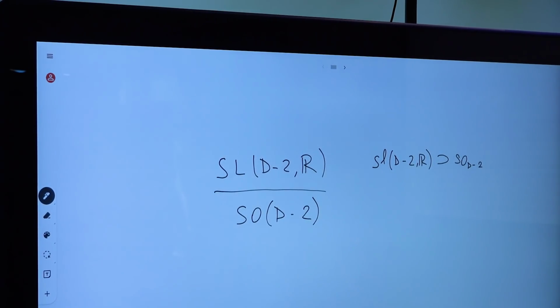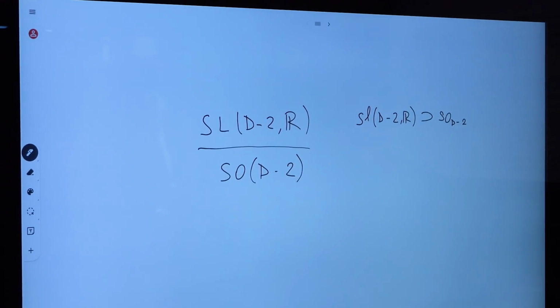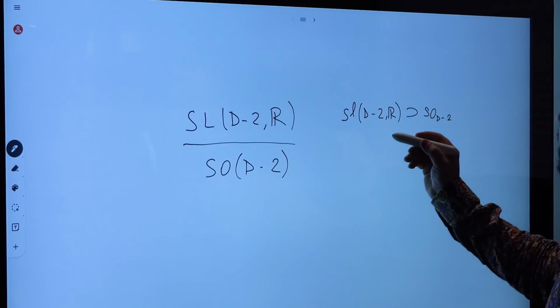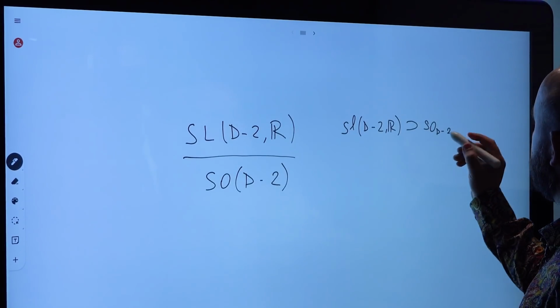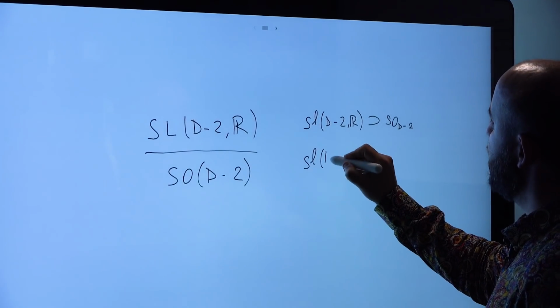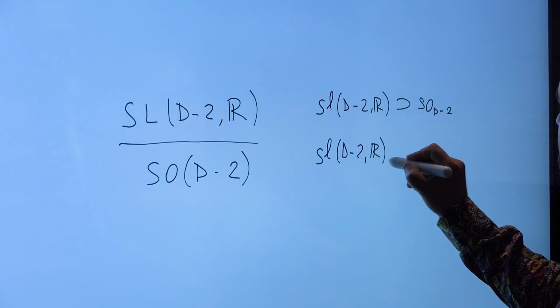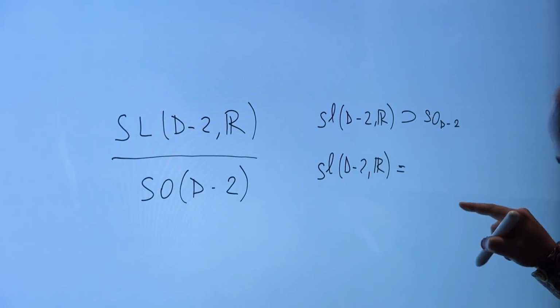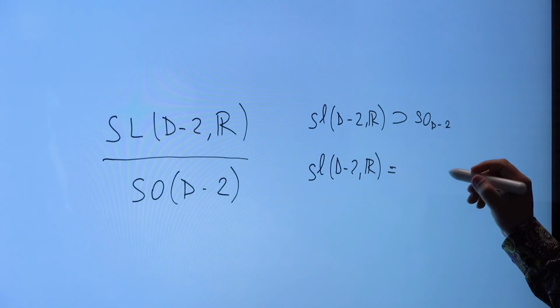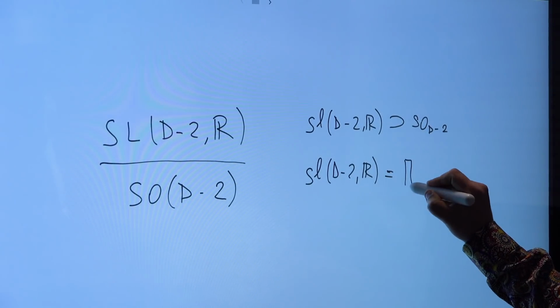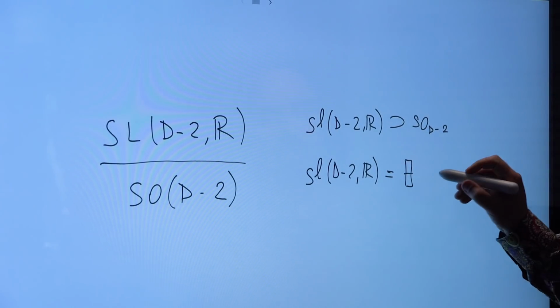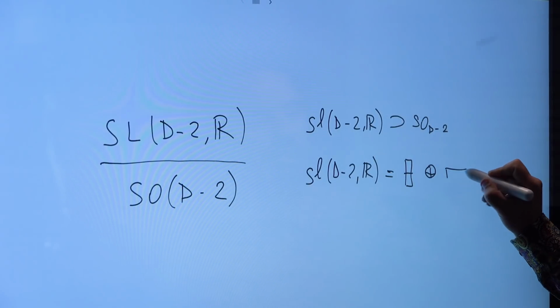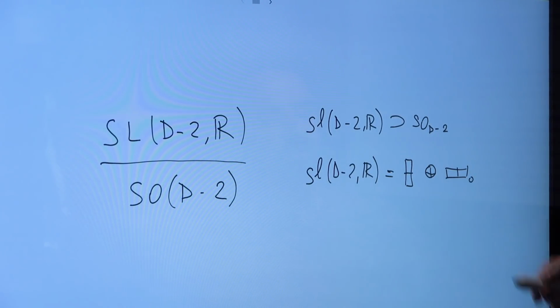What's important is that the decomposition of this algebra is such that SL(d-2,R) decomposes as the adjoint of SO(d-2), which is the antisymmetric, plus the symmetric rank 2 with unit determinant, with the trace removed.